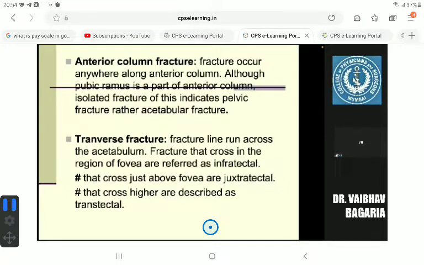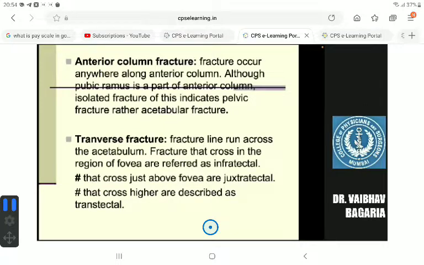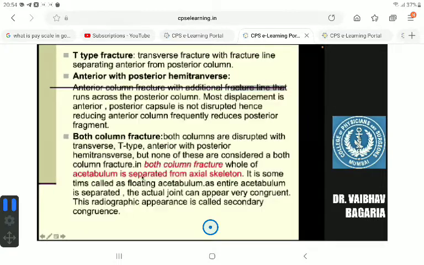So you must remember these terms. Infratectal fractures cross in the region of the fovea. Those that cross higher are described as transtectal, and above are called juxtatectal. So these are very important concepts depending on where it is exiting above the fovea.